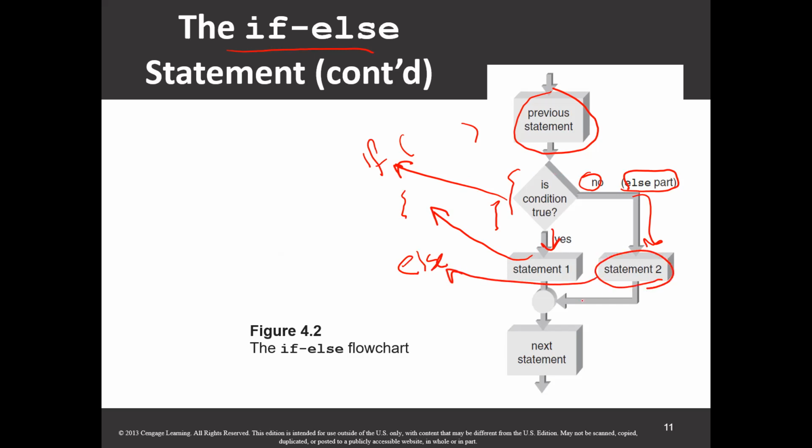This is else. Okay, and whether it's true or false, after we finish implementing these statements, we'll go to the same point. نرجع the same point, and we will do the next step of the program.